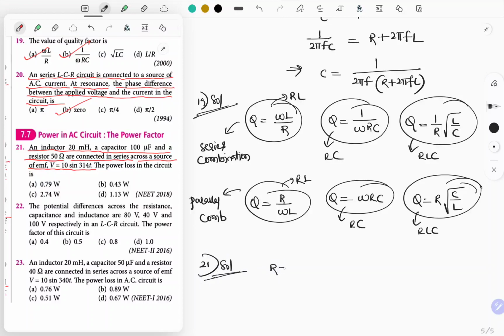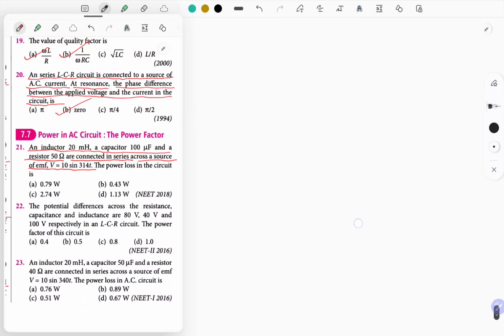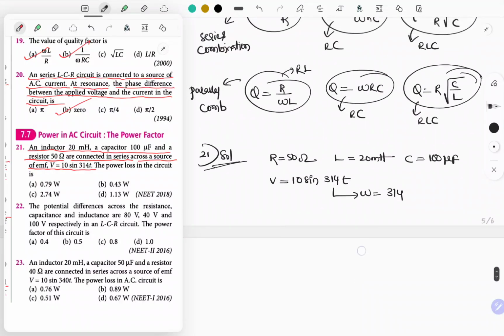But when resistance is 50 ohm, inductance is 20 millihenry, capacitance is 100 microfarad, and supply voltage V is equal to 10 sine 314t. Okay, so this is omega value. So omega is equal to 314. Okay, so the question they're asking is power loss in the circuit.